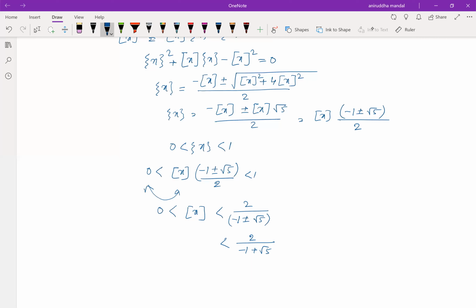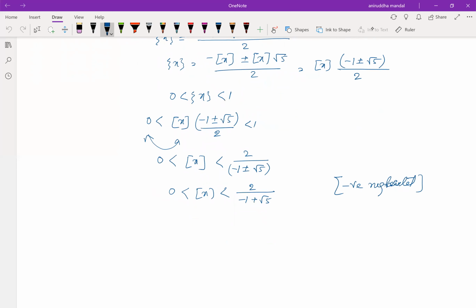So our floor function is coming as this.